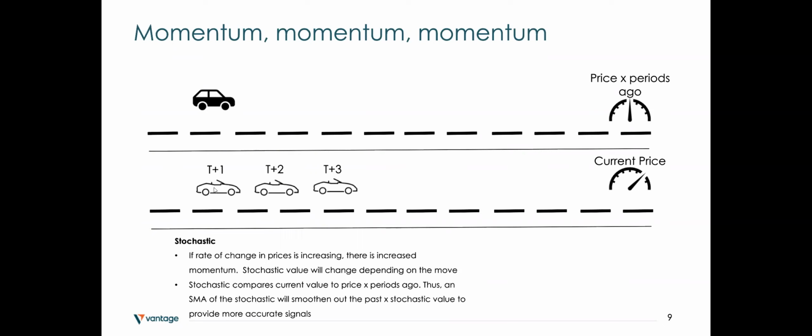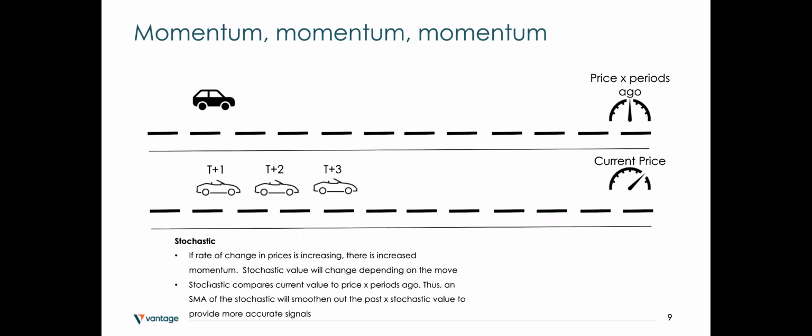Okay, so if let's say the current price moves from T1 to T3, there's a change in terms of the rate of change. Then you see the stochastic value moving depending on whether your price is moving upwards or moving back downwards.